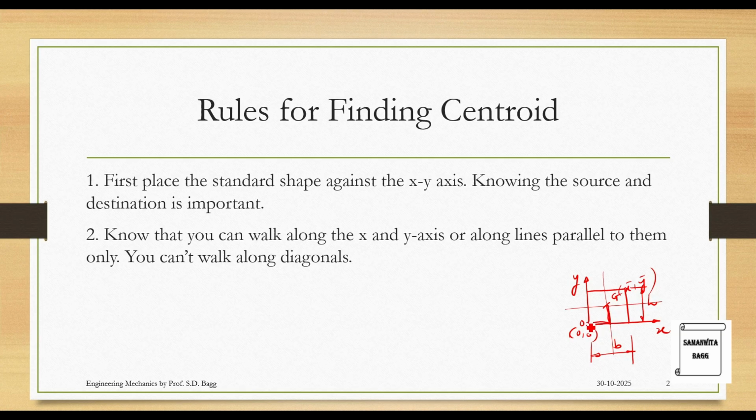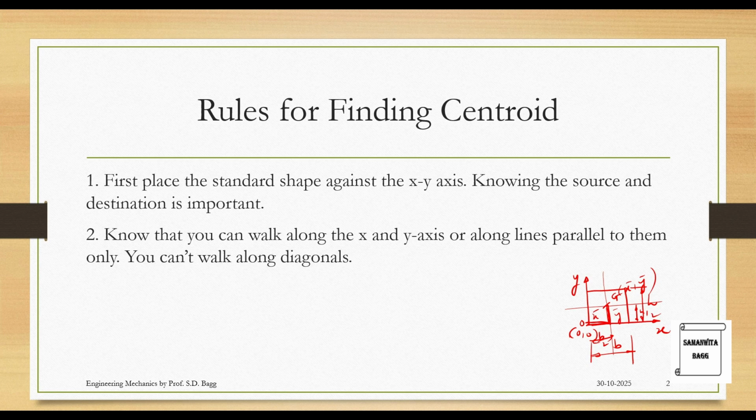So this is the distance I need to find. This x bar is going to be b by 2, and this height over here will be h by 2. This distance is nothing but x bar, this vertical distance is nothing but y bar.